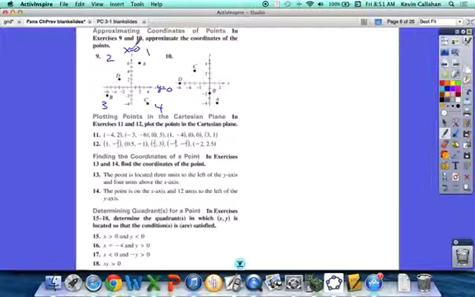Whereas x equals negative 4 and y is positive 2 puts you over here. X is less than 0, that puts us over here. Negative y is greater than 0. Well, if negative y is greater than 0, then y is less than 0, so it's quadrant 3.